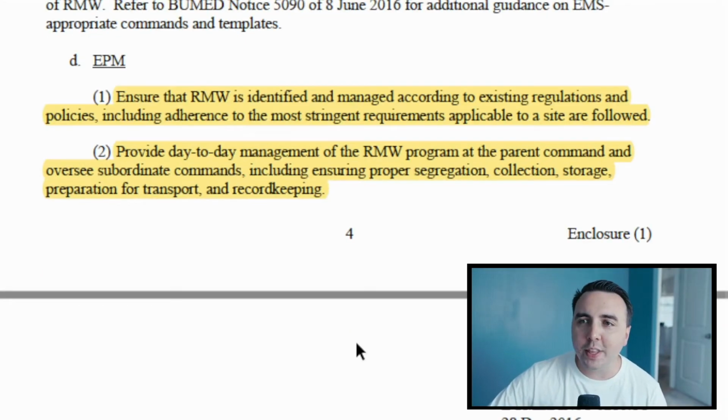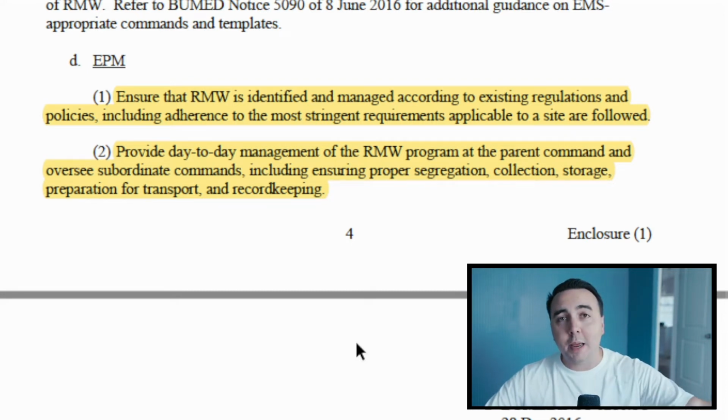Now, the EPM is the person that is the overarching program lead for all of this stuff, and the EPOC does the same thing. They just don't oversee all of them per se. So the EPM is supposed to ensure that regulated medical waste is identified and managed according to the existing regulations and policies, including adherence to the most stringent requirements applicable to the site.